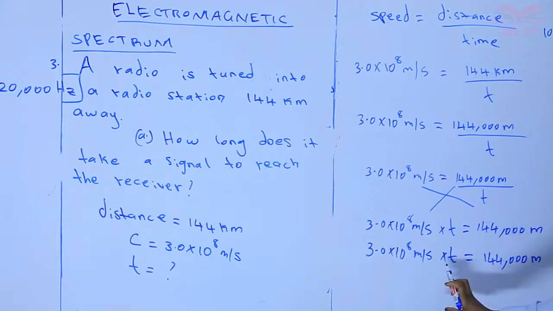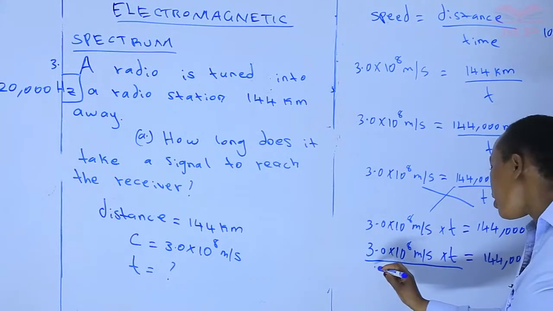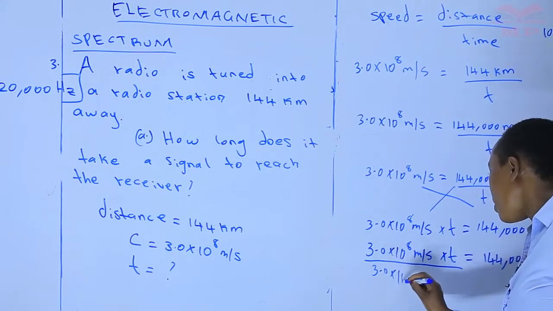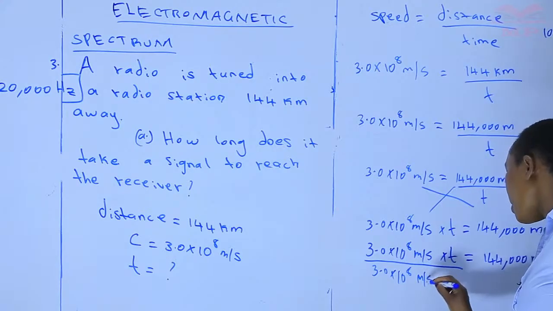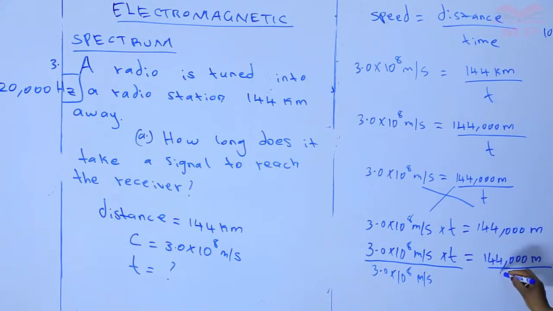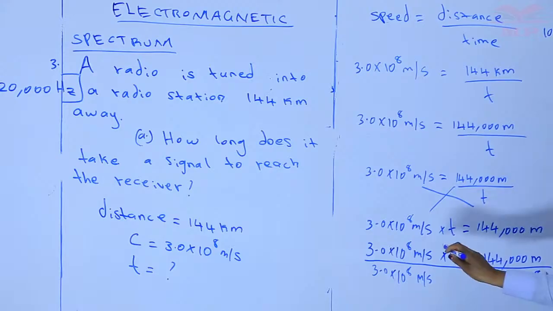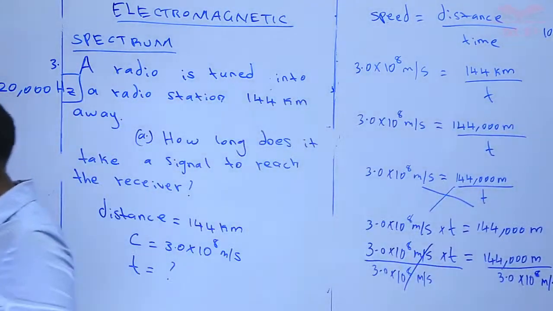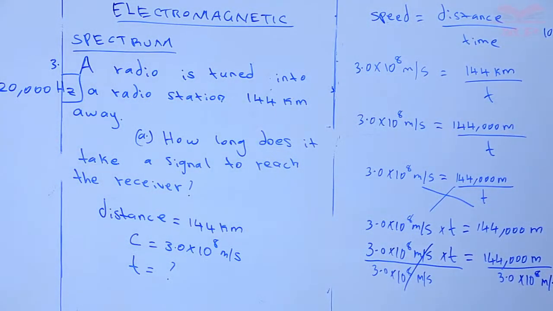To make t the subject, we divide both sides by 3.0 times 10 power 8 meters per second. So of course this is going to cancel. Then now we can divide this using our calculators. So you just pick your calculator and divide.